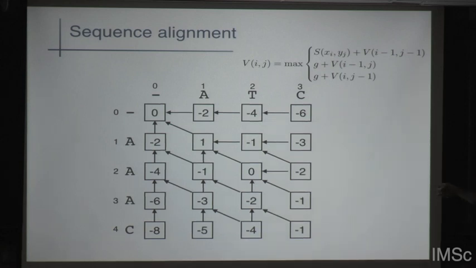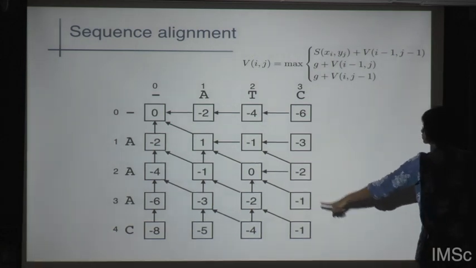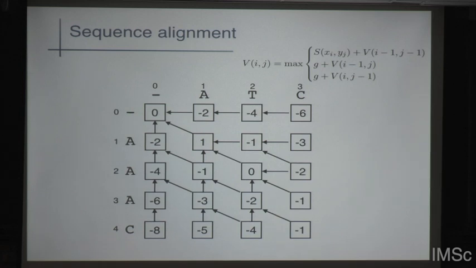So the fact that the pointer goes up means that my C, the two I and J are aligning with each other. So I get a C aligned with a C. My top sequence is AAAC.